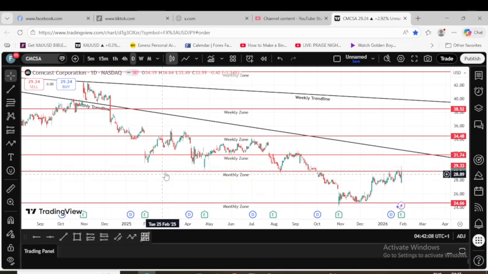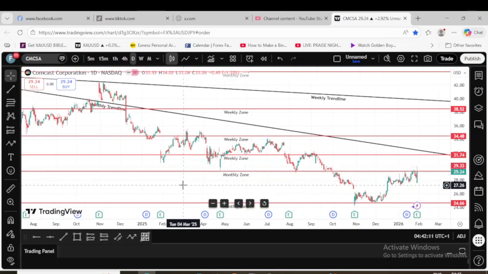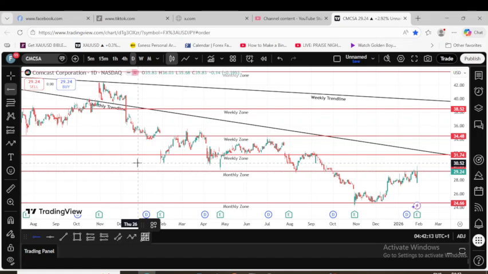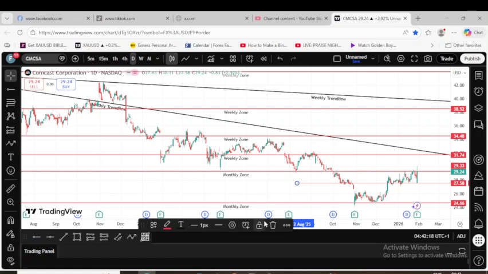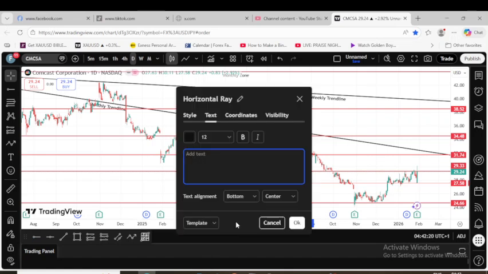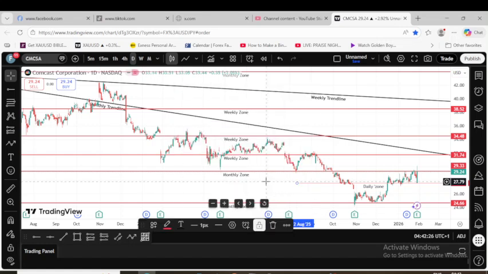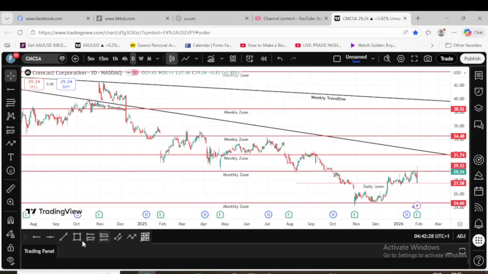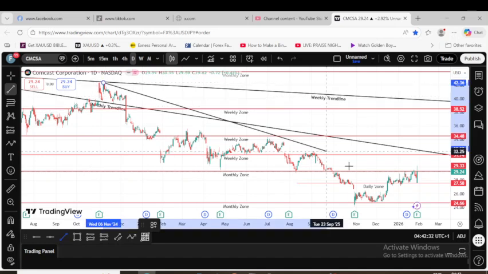Okay, so now we've gone down to the daily time frame. The next thing we'll do is identify our daily zones, our daily trend lines, and then also our trend origin. That's a daily zone. I can draw a trend line.